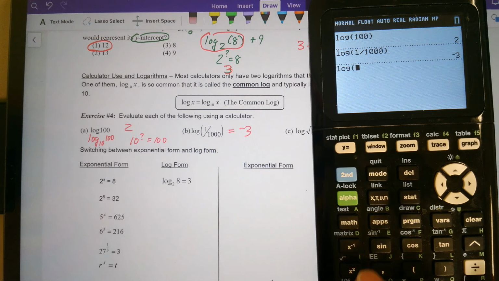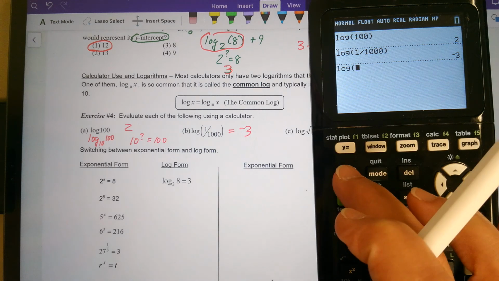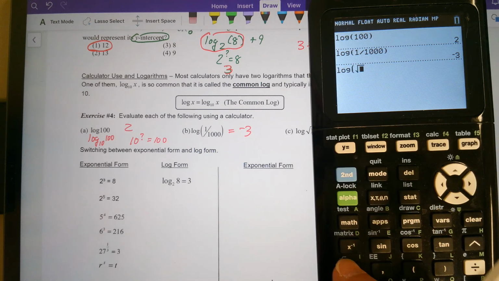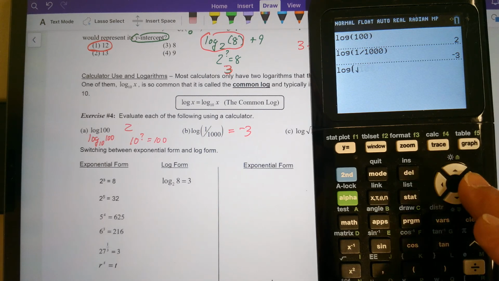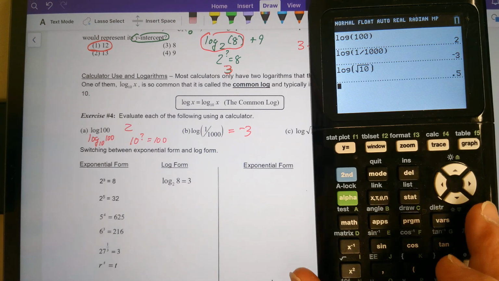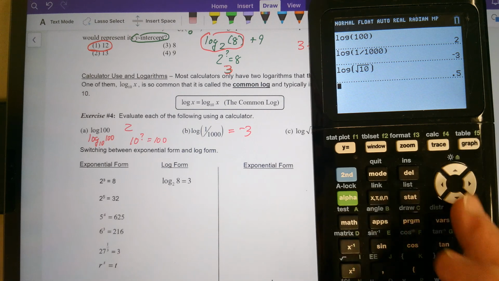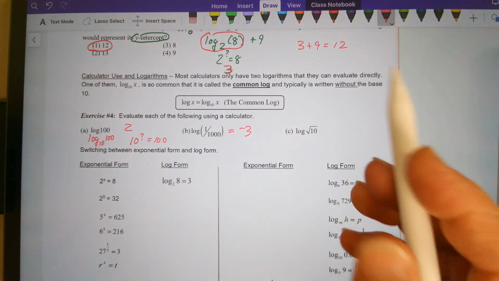So 0.5, or we might prefer the fraction 1/2.